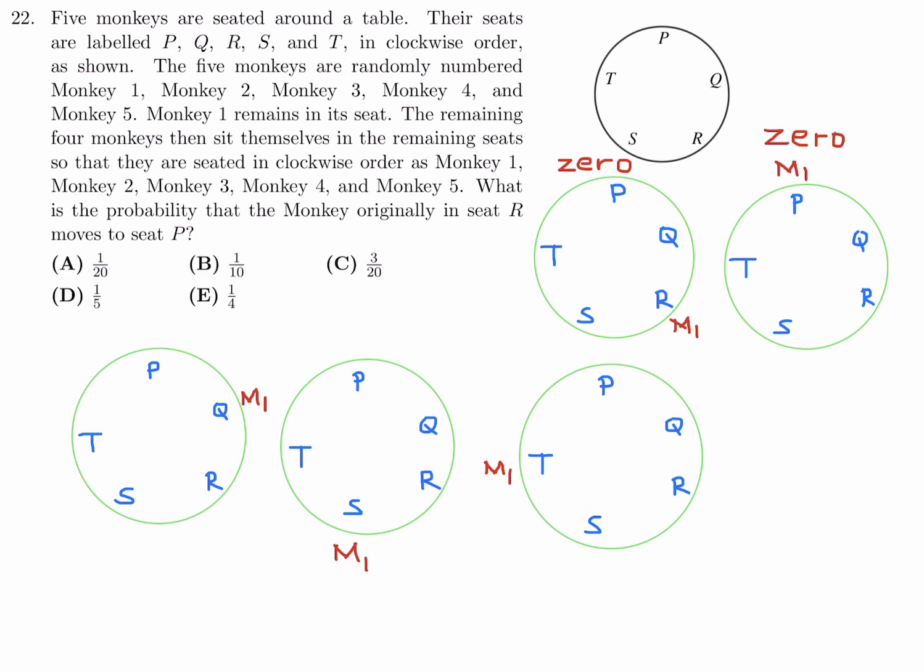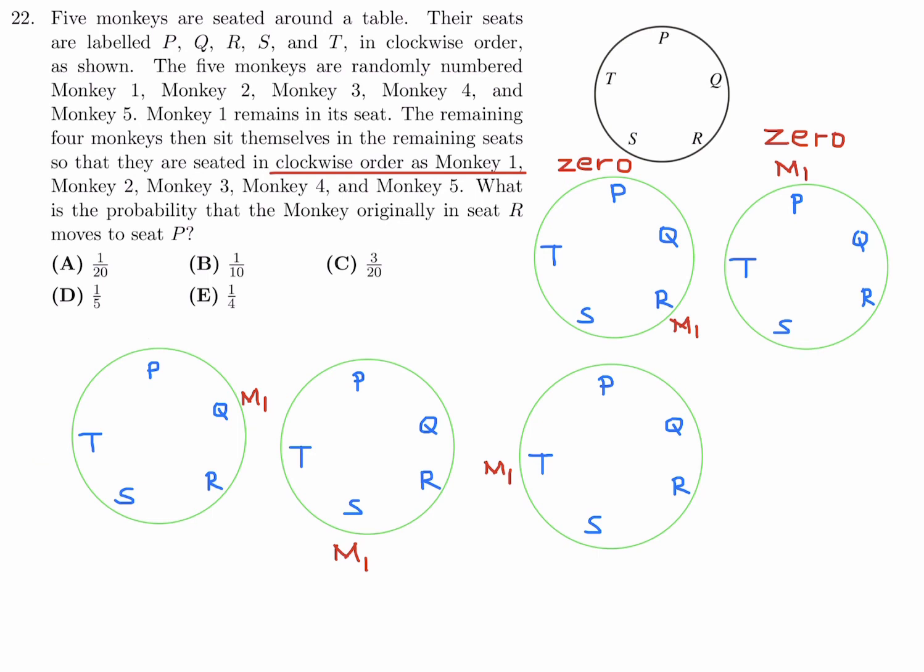If monkey 1 is in seat Q, we want the guy who's in R to move to P. So we've got to do a little bit of thinking here. Who's going to go to P if it's arranged in clockwise order as 1, 2, 3, 4, 5? Well, it's got to be monkey 5.